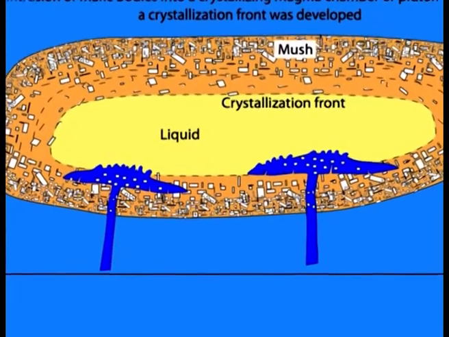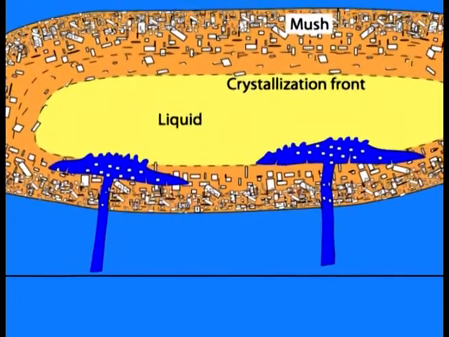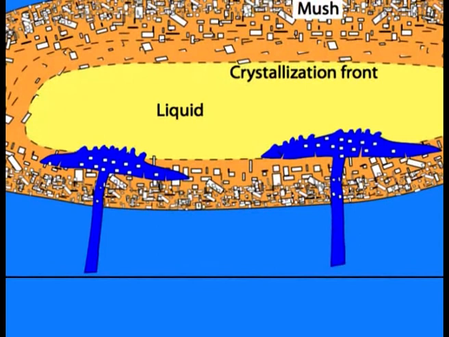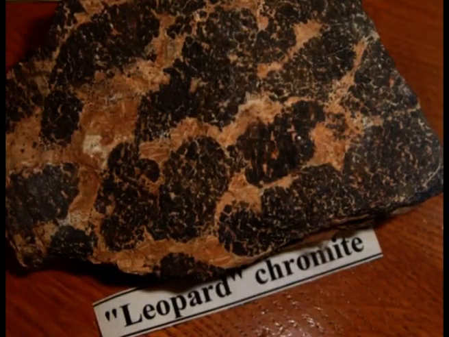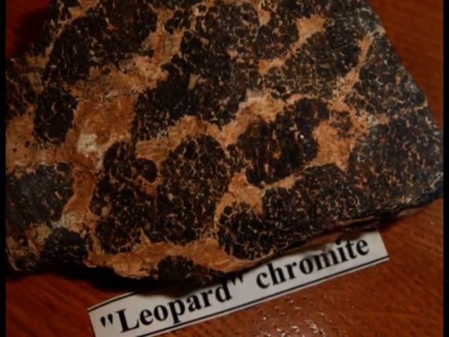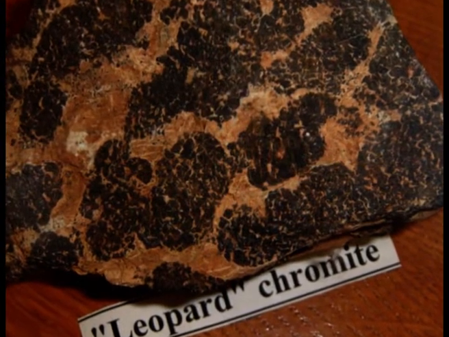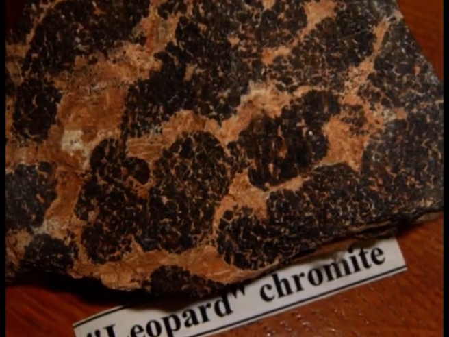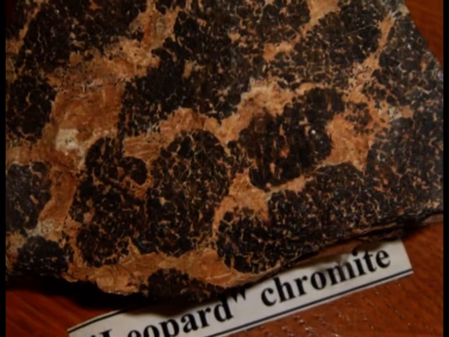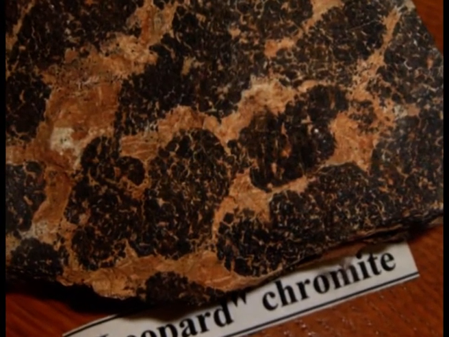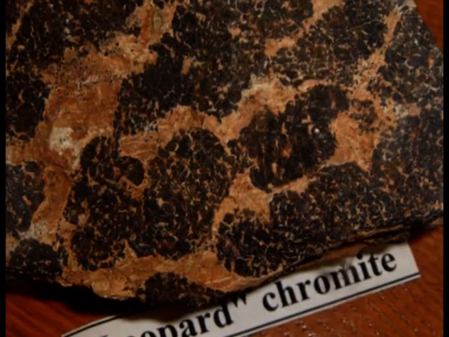Early in the crystallization history of this magma, if original concentration was more than normal, elements like chromium may form their own minerals as oxides.